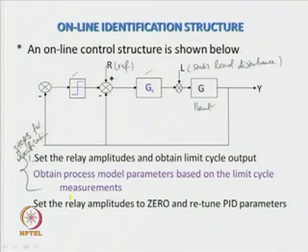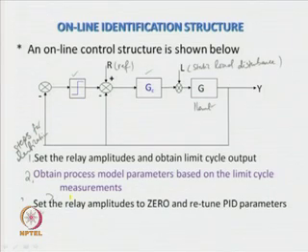First, the relay amplitudes are set and limit cycle oscillations are obtained. Second, make the measurements of the limit cycle parameters and, based on that, the controller parameters are set. So, this is the step for the controller tuning.